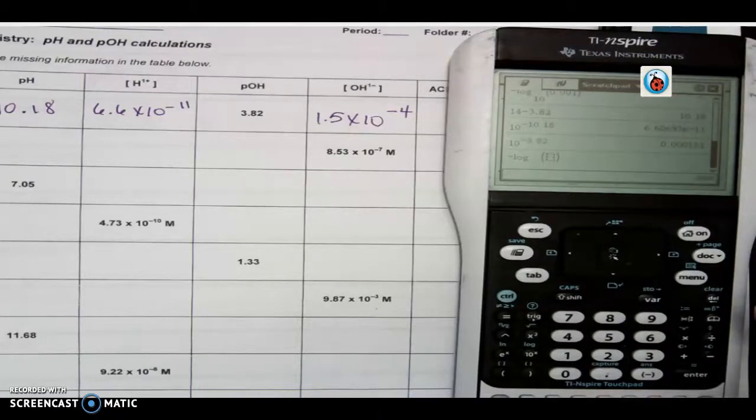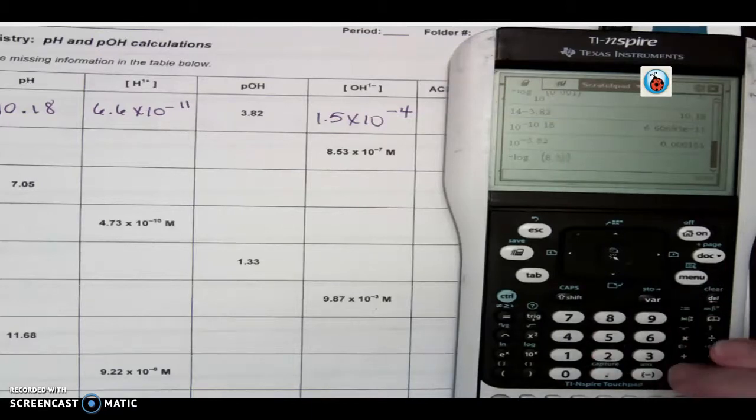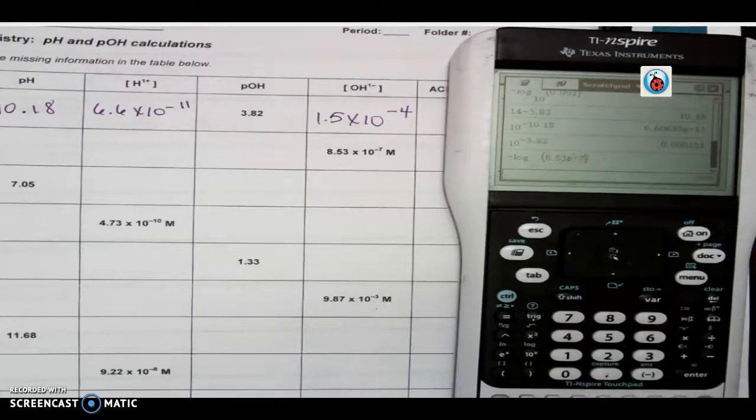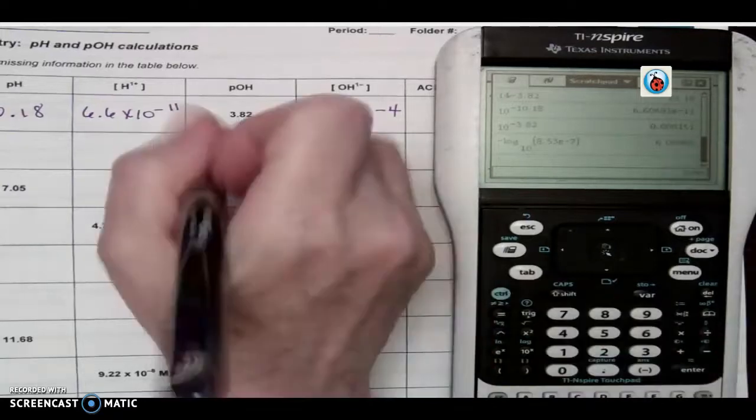What's our hydrogen or hydroxide concentration? 8.53. The EE button, negative 7. Okay, we don't want them in fractions, so let's hit control enter. What do we get? There we go. I'm going to round that off to 6.1.